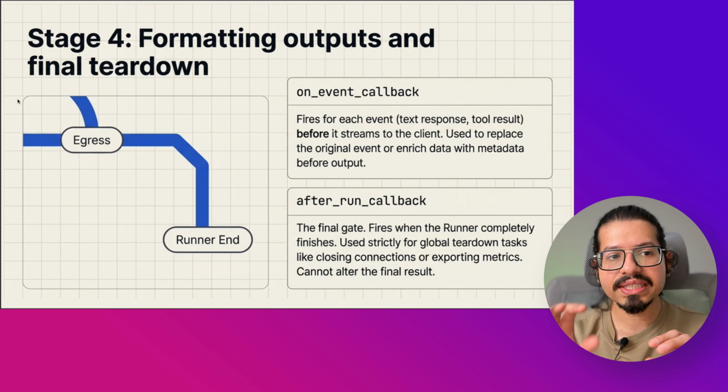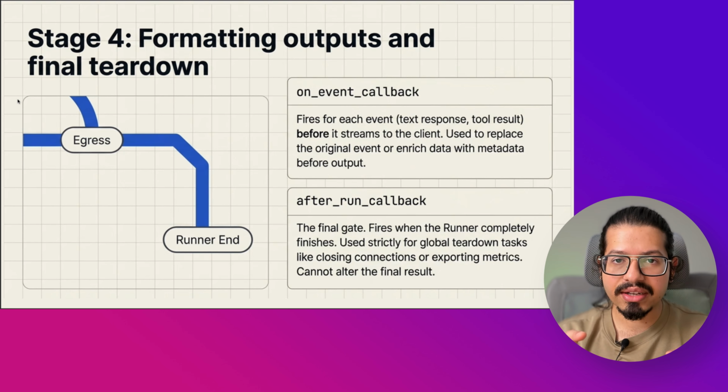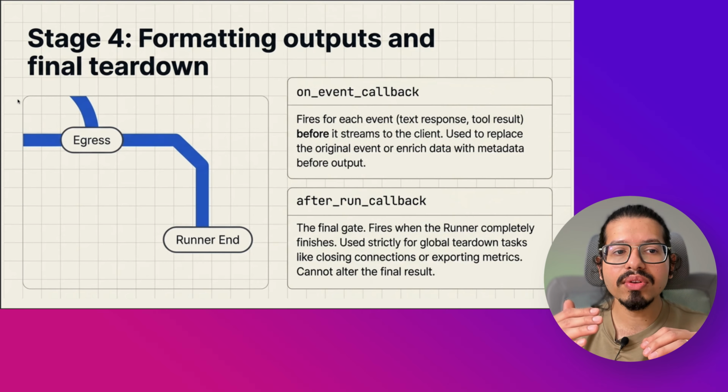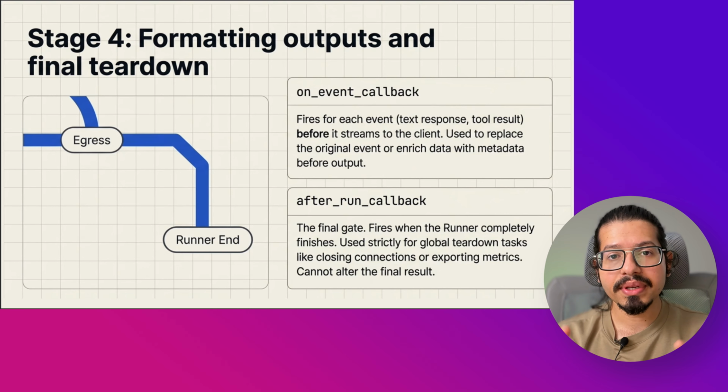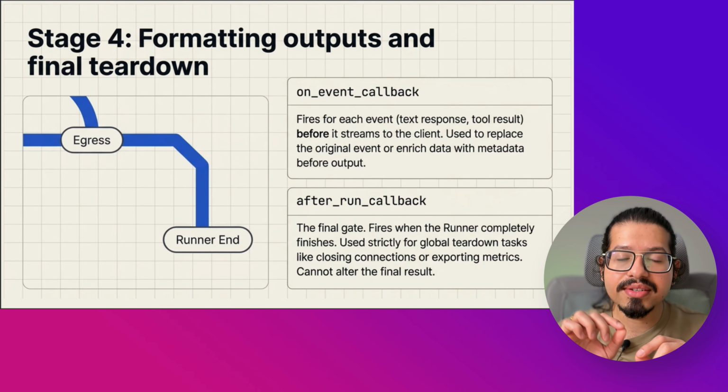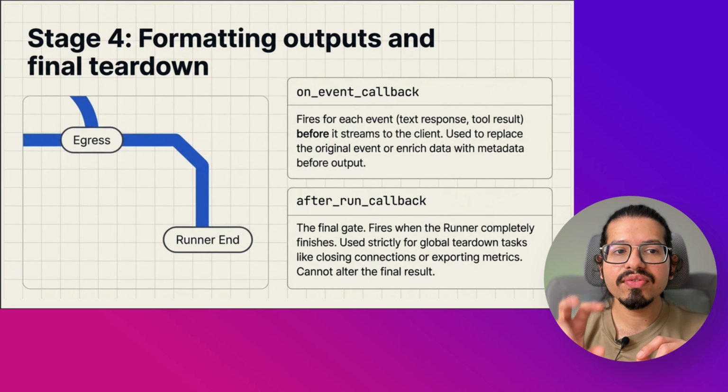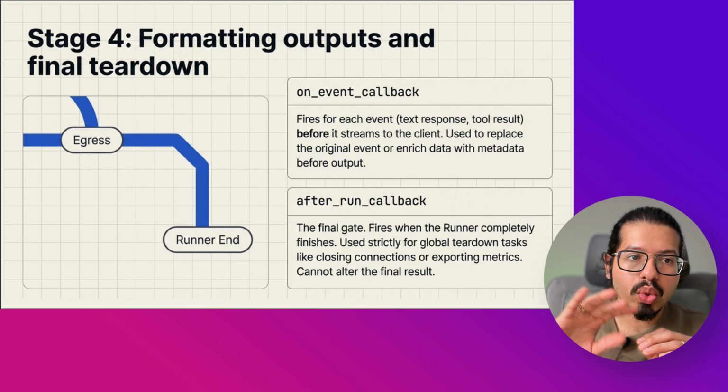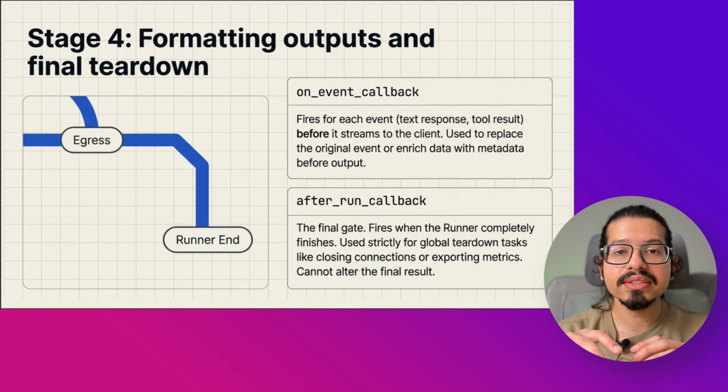An important note is that this last hook cannot change the final answer, but it's useful for global cleanup. For example, a plugin could attach trace IDs to every streamed event and then flush the usage metrics to an analytics system once the run is over.